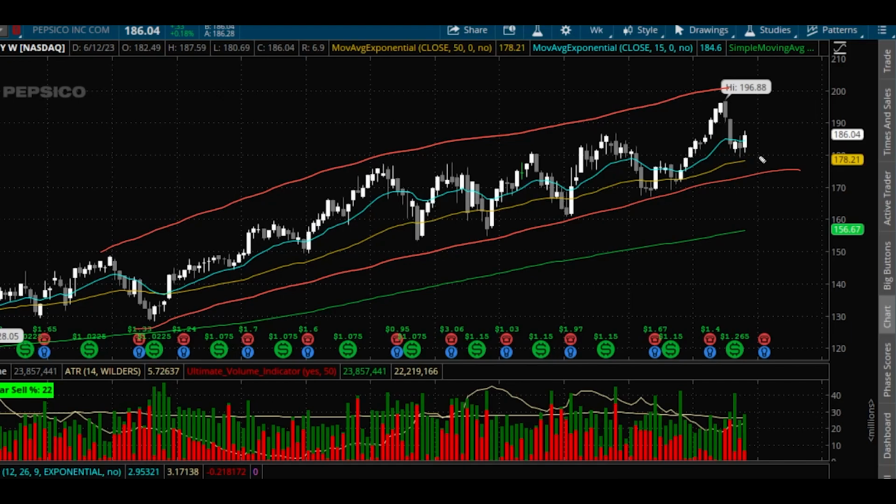We're currently hugging the 50 exponential moving average. We actually got a test right here two weeks ago of this level, and this week alone we are now above the prior week's trading range. So that is a good setup. That just means that buyers are stepping in, and obviously we can expect this to move higher.